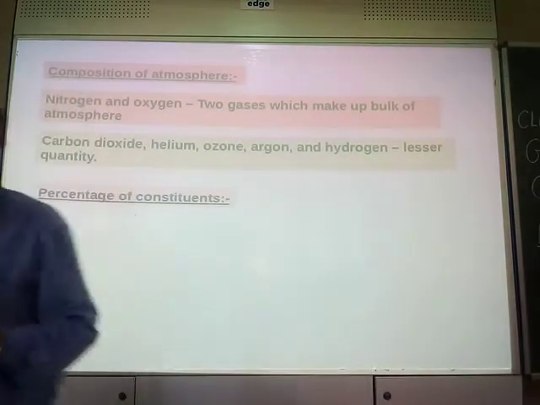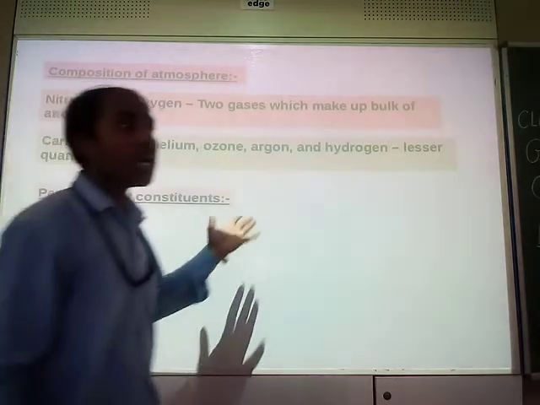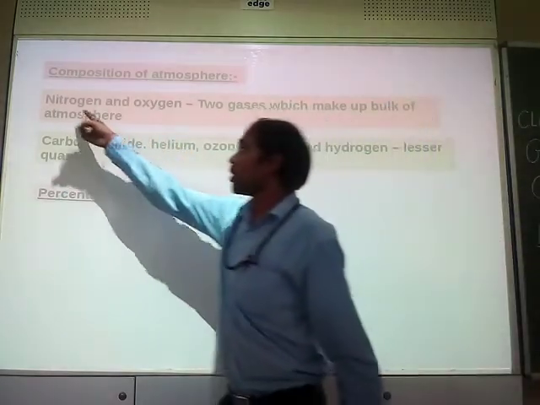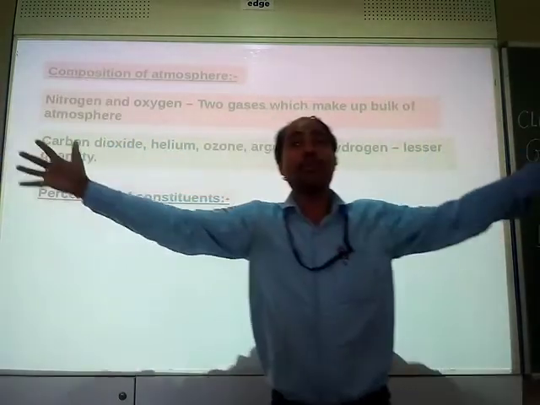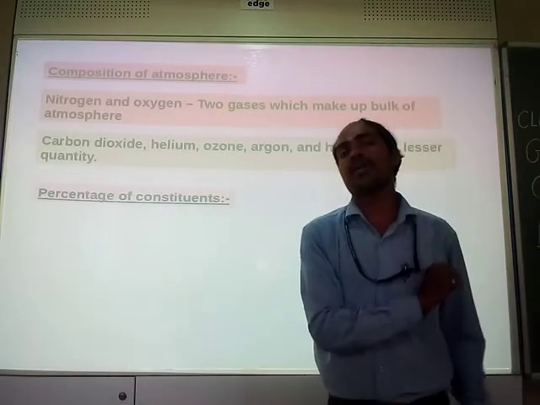That means what is the percentage of which gas available in the atmosphere. Okay, nitrogen, which forms the major part or bulky part, is 78%.